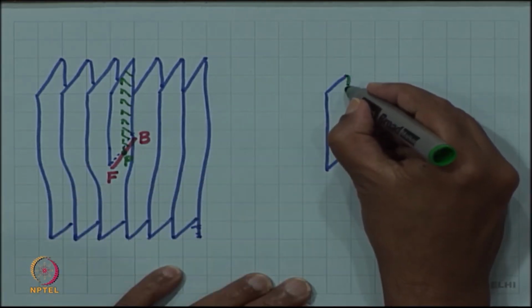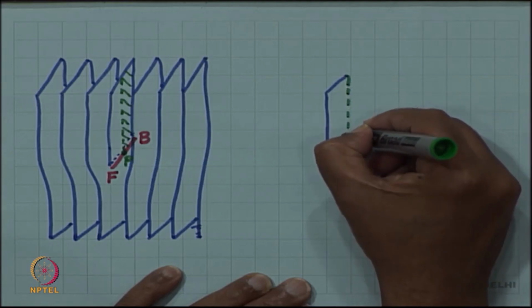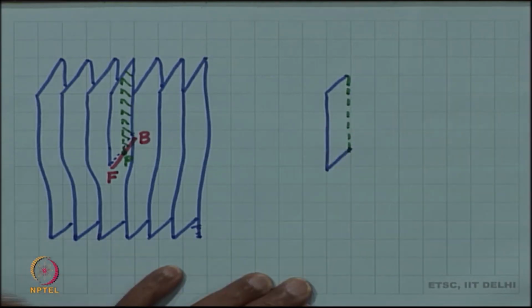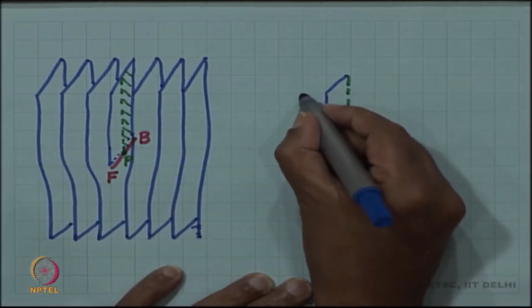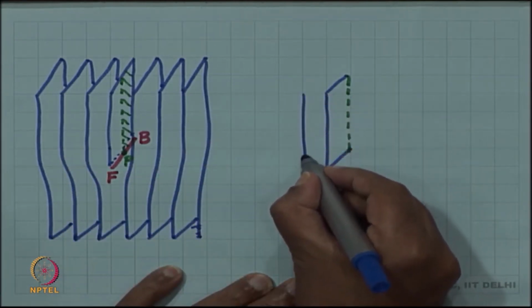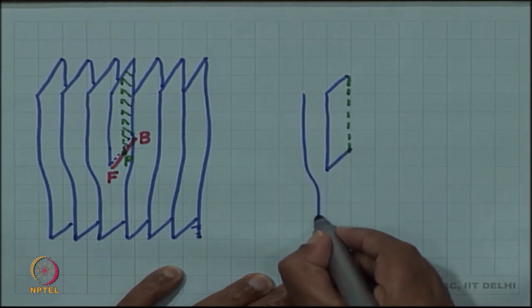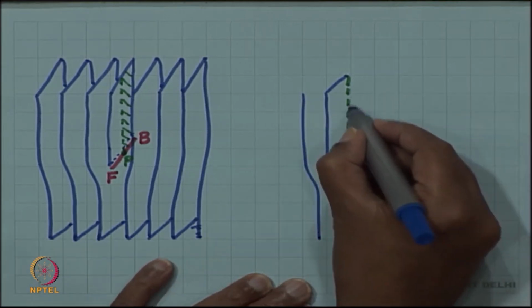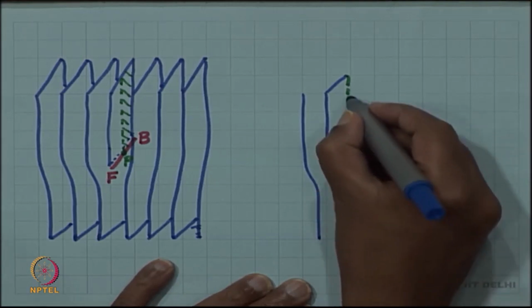So, I draw the green line here to indicate that I have chopped off the back part, but if I do that, on the front face I continue with this configuration which was seen before.